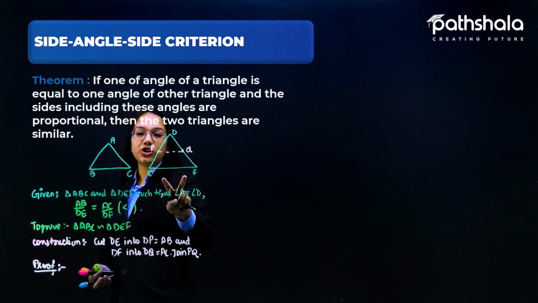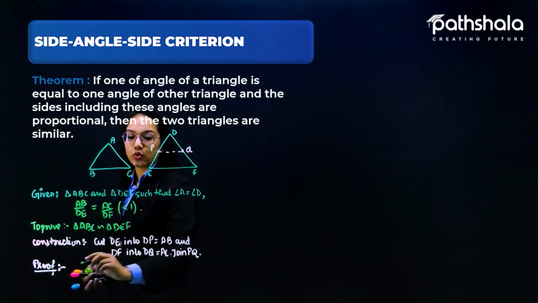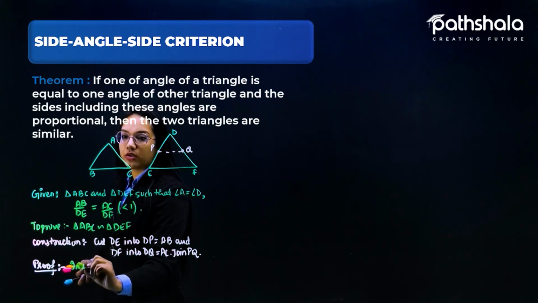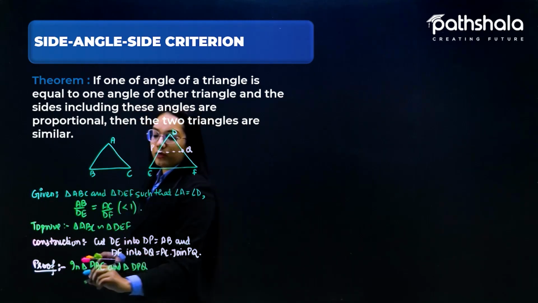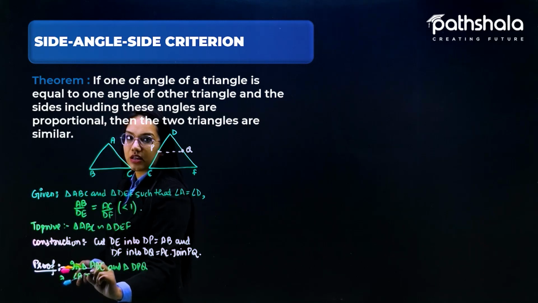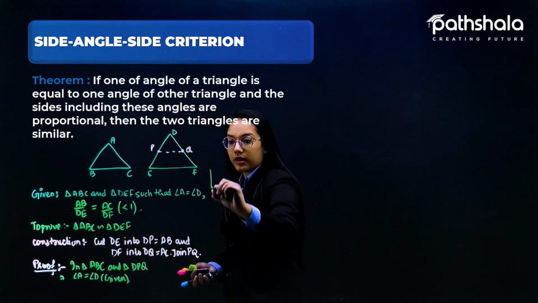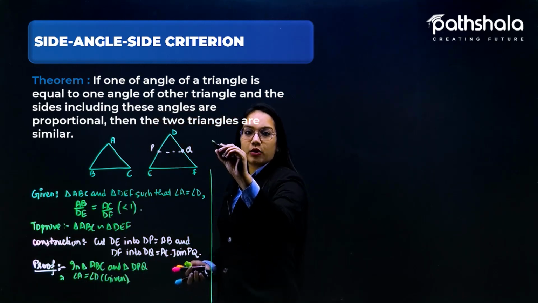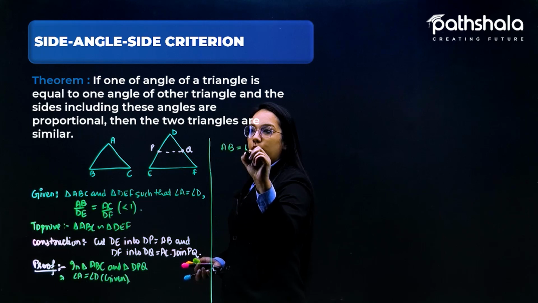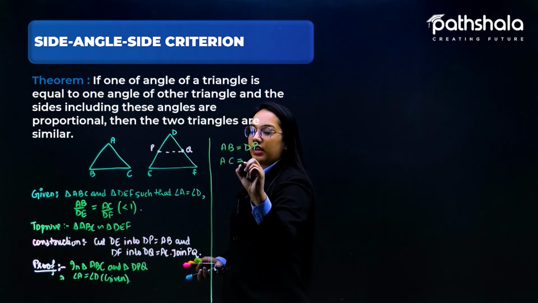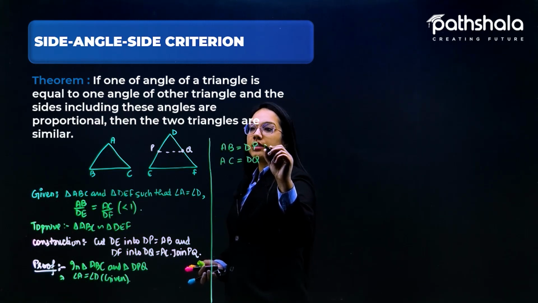So as per the given condition, we have angle A equal to the angle D, which is a given statement to us. Now again, angle A is equal to angle D, and further we know that AB is equal to DP, and further we know AC is equal to DQ. This is by construction.